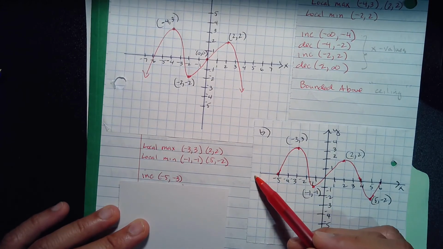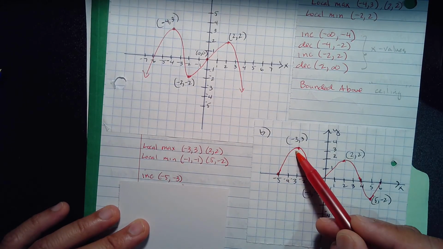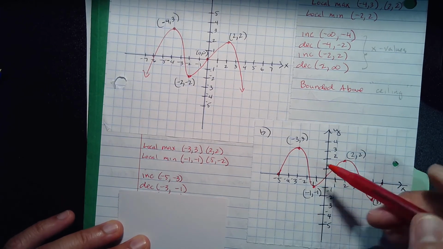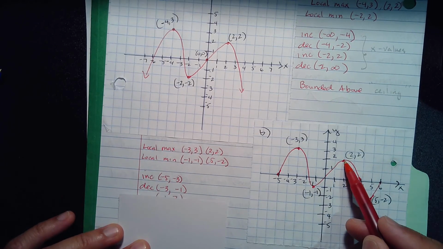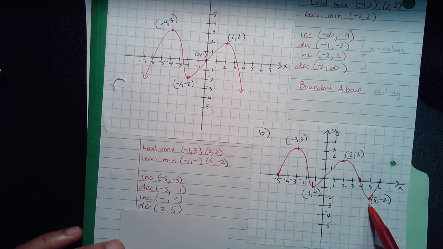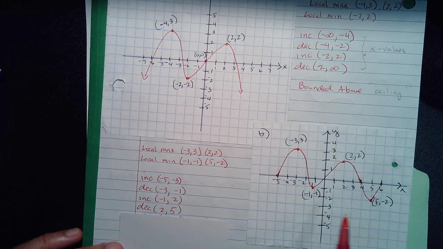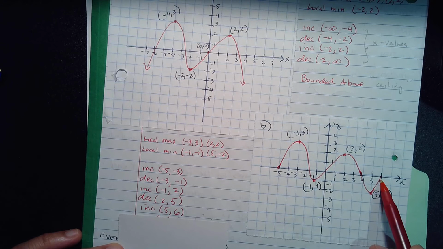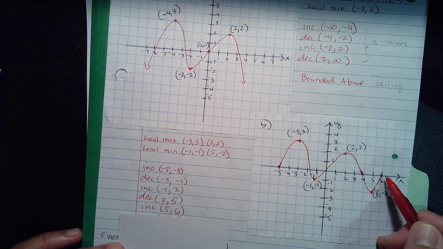So it's increasing from negative infinity to negative 3, decreasing from negative 3 to negative 1, increasing from negative 1 to 2, decreasing from 2 to 5. Remember, think x values. And increasing from 5 to 6, because that x value is 6.